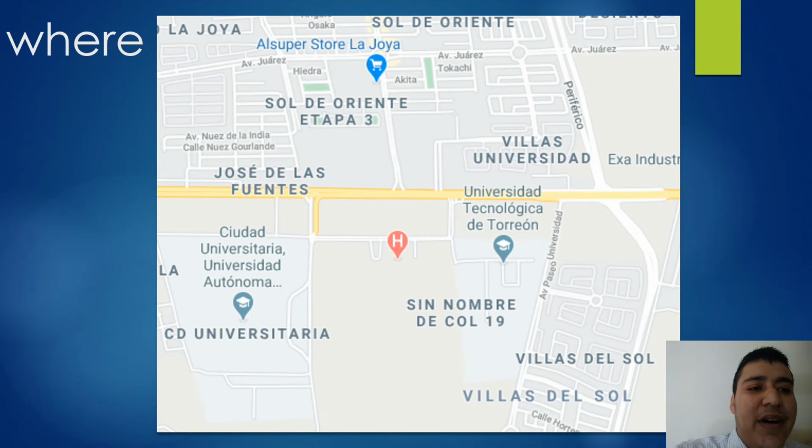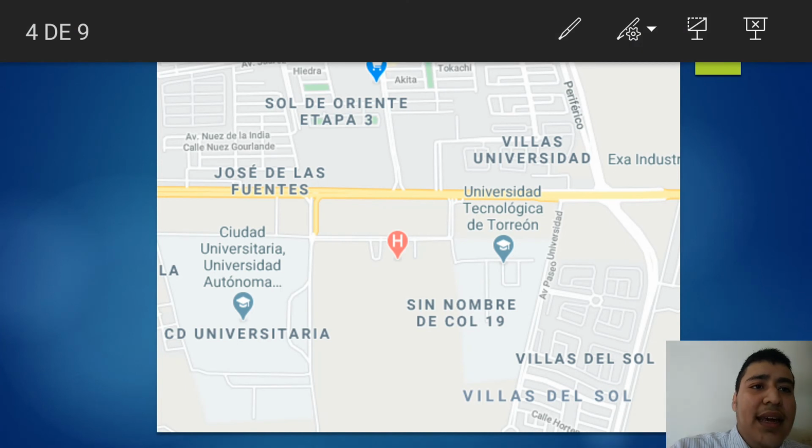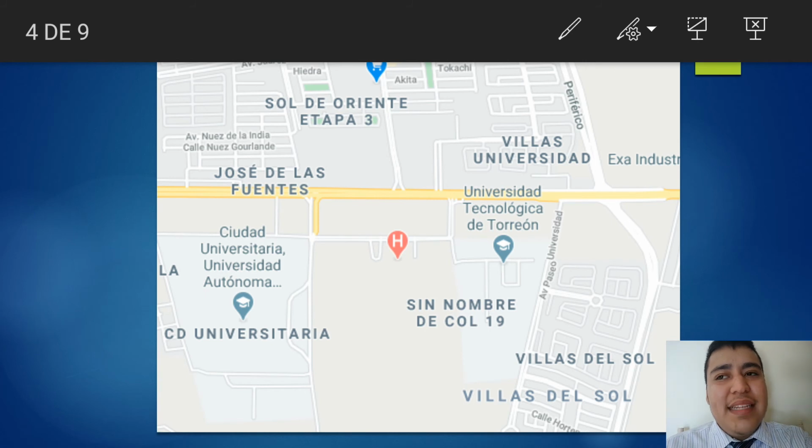I am planning to put it in the middle of the boulevard. It's a place that is accessible to different schools, and for the people.